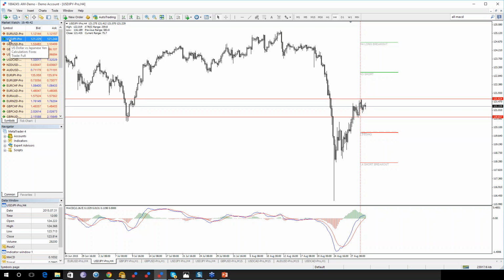Also commodity pairs, hard and soft commodities, such as the New Zealand dollar, the Australian dollar yen, New Zealand yen. So those are hard and soft commodities.